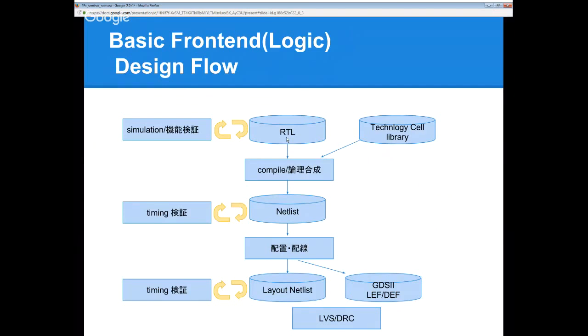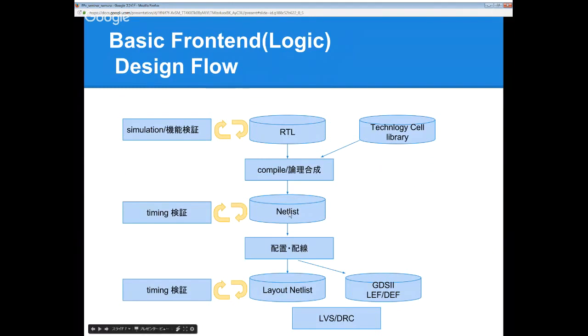Usually we use VHDL or Verilog HDL language to describe it. And then we compile the HDL code. We call it synthesis, logic synthesis. Then we will get the netlist. I will show you about the netlist.